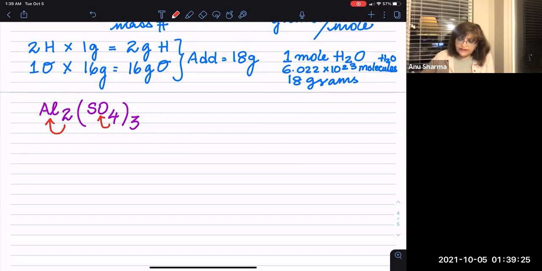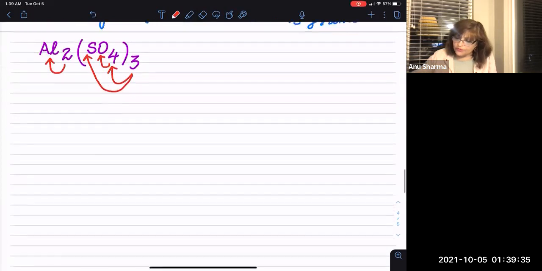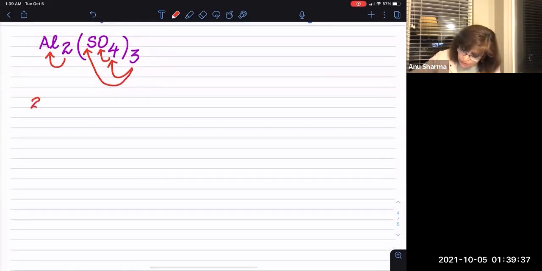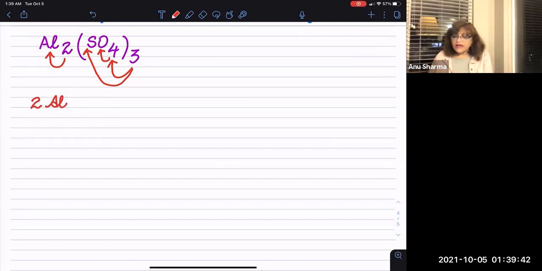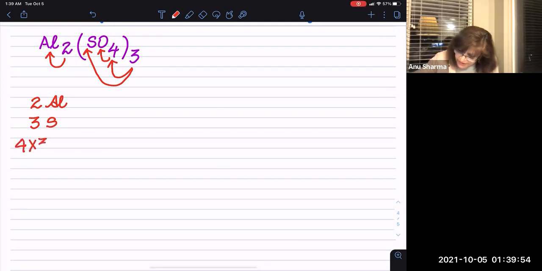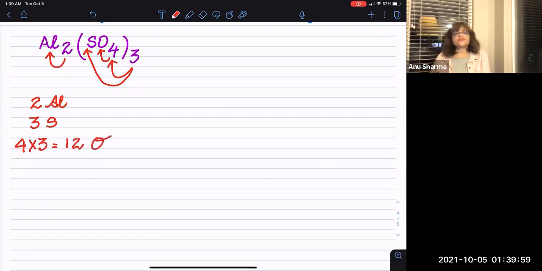But the outside 3 applies to sulfur, and this outside 3 also applies to oxygen. So there are 2 aluminum atoms, 3 sulfur atoms, and 4 times 3 equals 12 oxygen atoms. This is what it means.